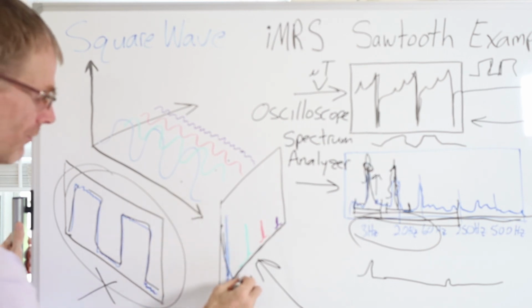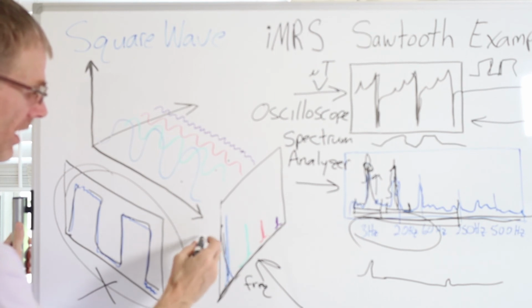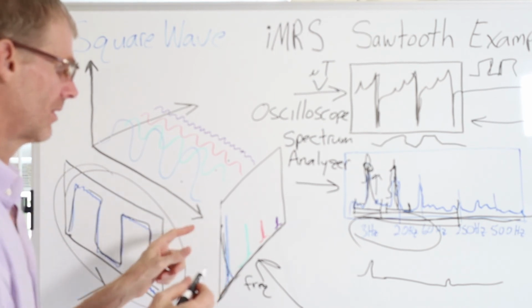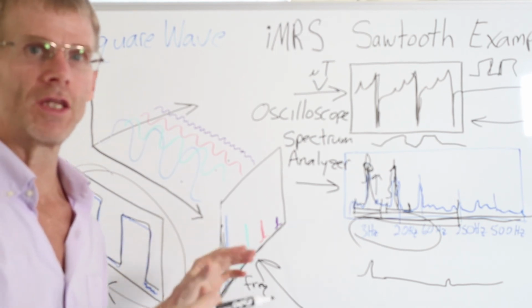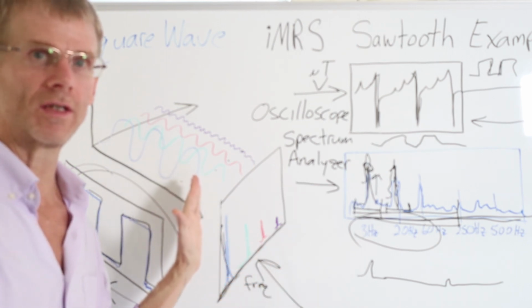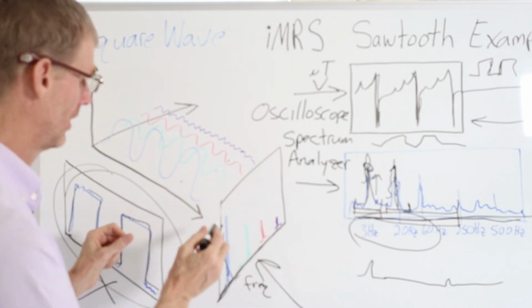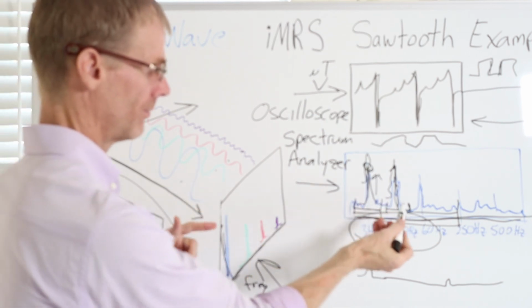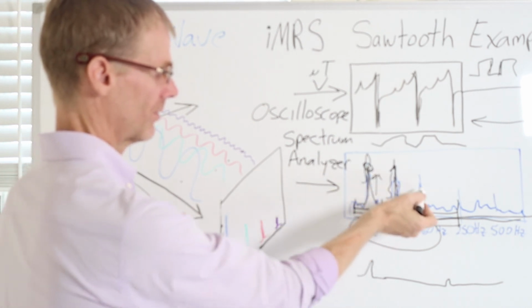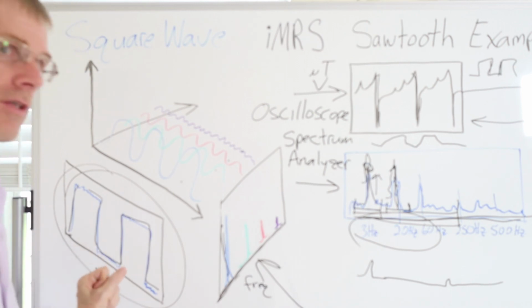So here we have frequency plotted versus amplitude, or in this case, the amplitude of the occurrence. So it's basically how strong that particular frequency is within the signal, how much it dominates the signal. So in any spectrum, you're going to see some dominant frequency start to stand out. And you can't see that from an oscilloscope.